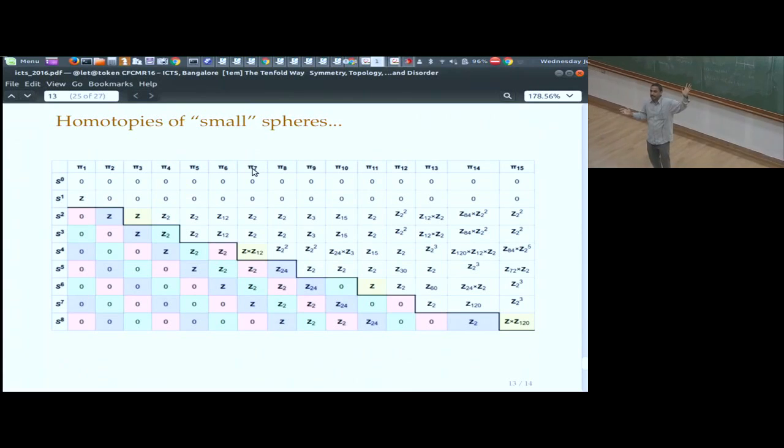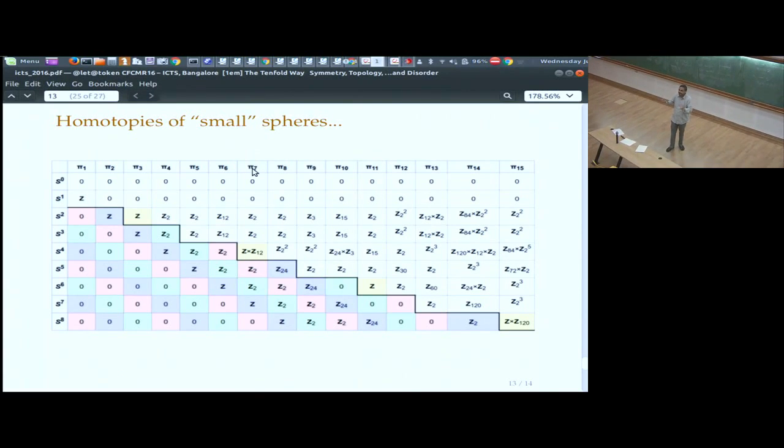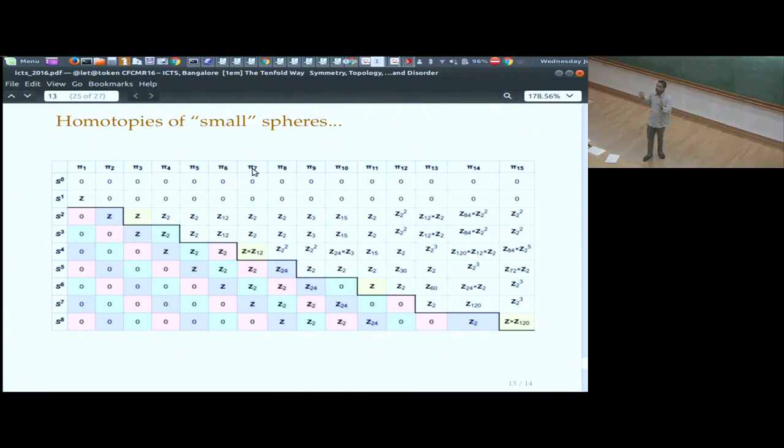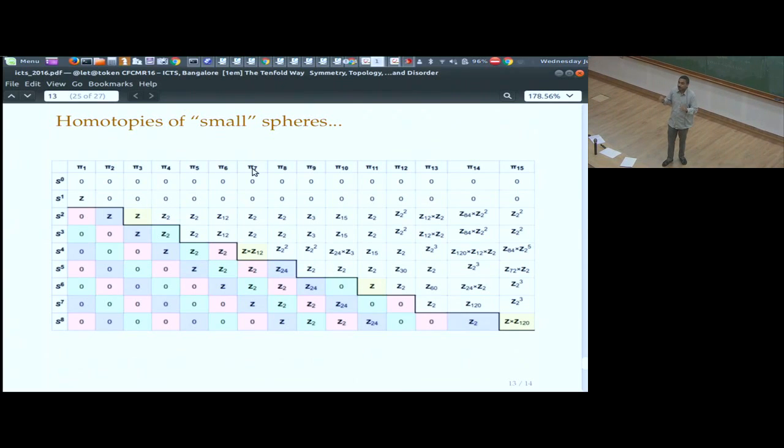If you just think of a two-band model, you may get the right answer in some cases, but it's not generically guaranteed that if I just have two bands and fill it, I will get the correct topological class. So this was the realization of Kitaev and company, that there is something called stability of these homotopies.